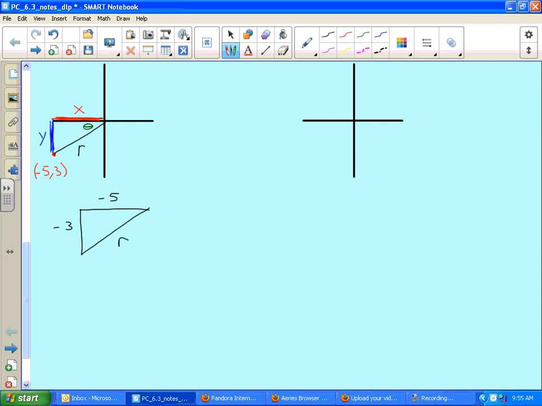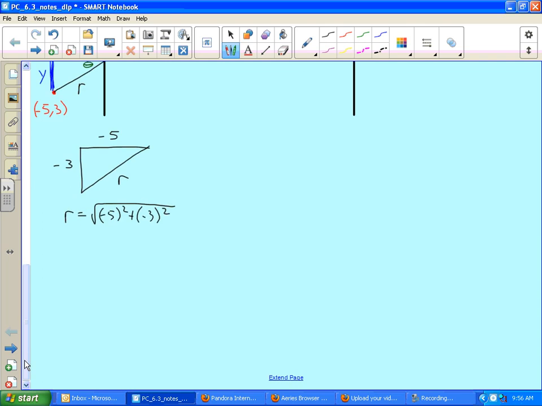If I wanted to find r, remember a squared plus b squared equals c squared, or in this case, r is going to equal the square root of -5 squared plus -3 squared. Besides being Pythagorean theorem, it's also the what formula? The distance formula. So the square root of 25 plus 9, or the square root of 34.